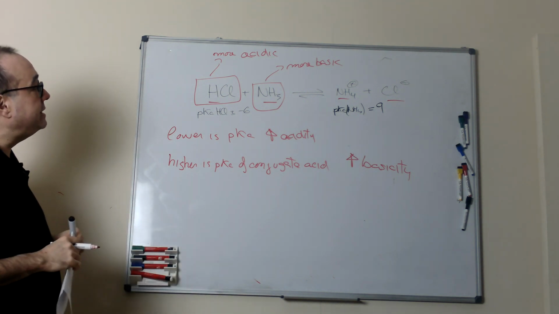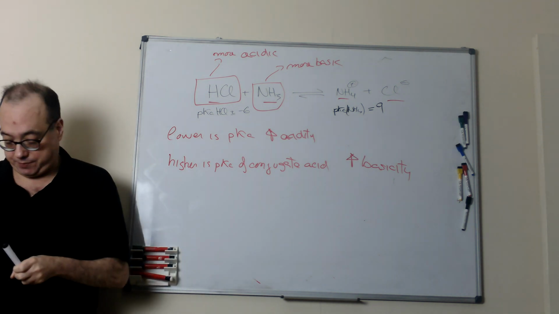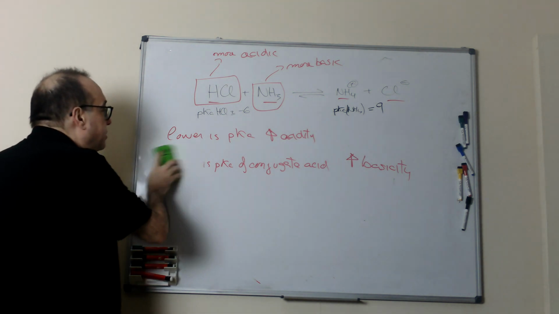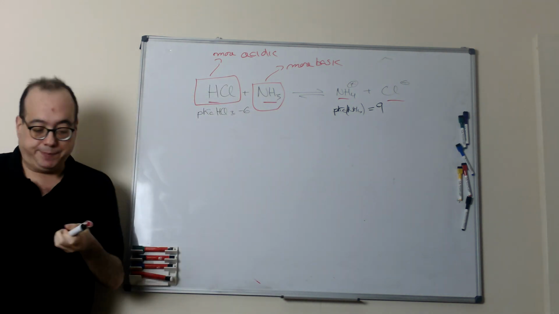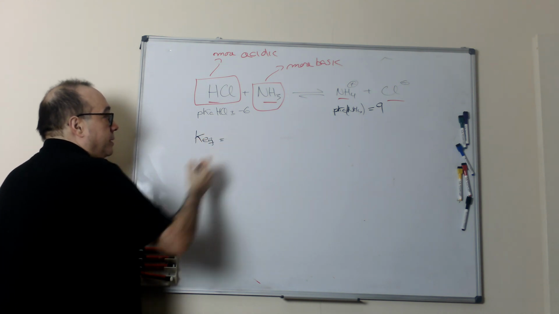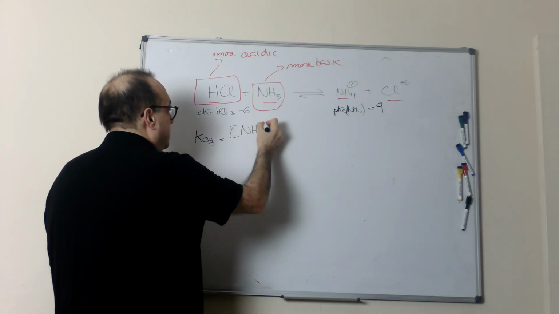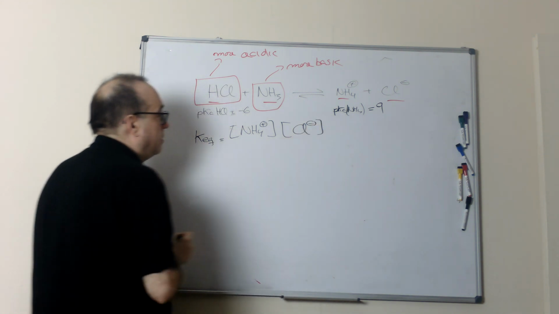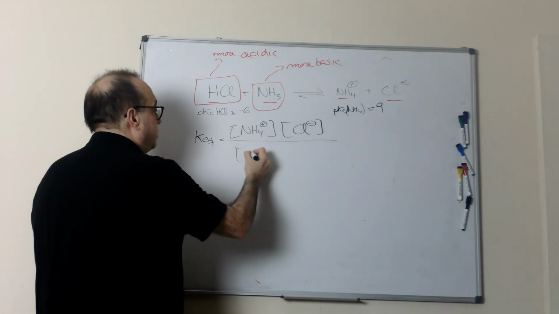And now they tell us that we have to calculate the equilibrium constant for the reaction. Okay? Well, how can we do it? We know that the equilibrium constant of the reaction will be the multiplication of the concentrations of the products divided by the multiplication of the concentrations of the starting materials.